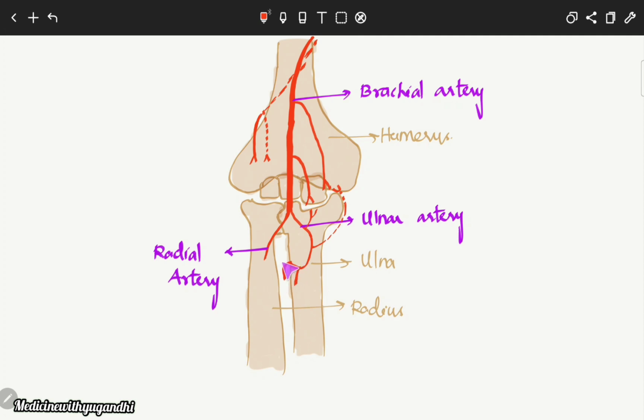And from the posterior interosseous artery, there arises another branch called interosseous recurrent branch. And from the radial artery, there arises a branch called the radial recurrent artery.